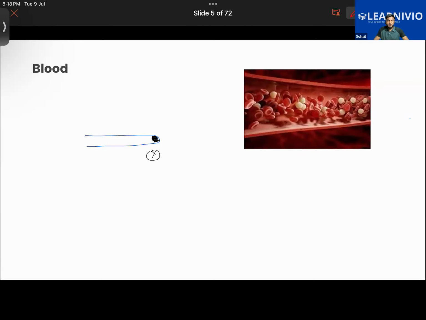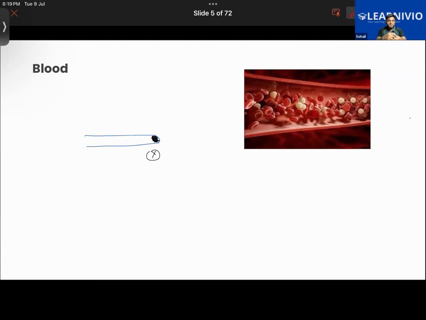Or for example, when the temperature around you drops, the blood will be focusing more on the important organs deep inside our body. Like in the cold season, generally our hands are cold. Why is it so?